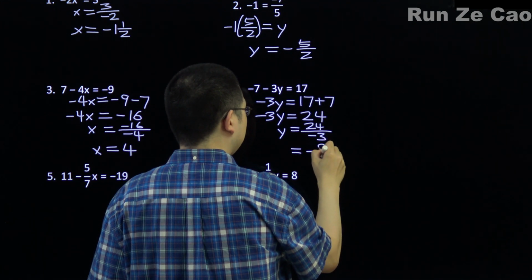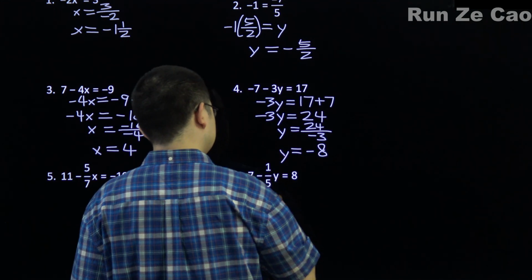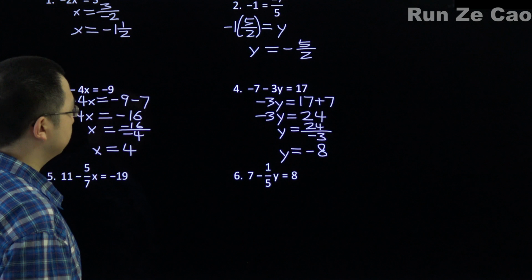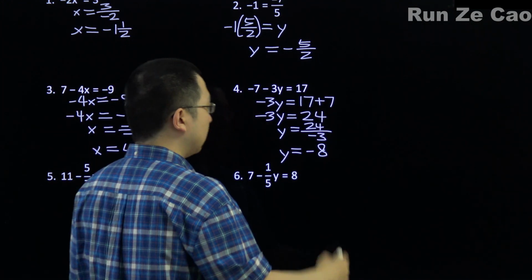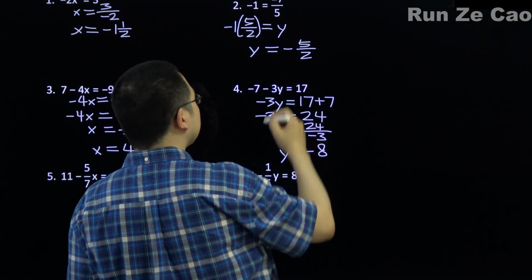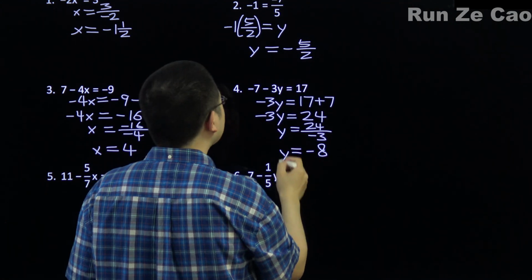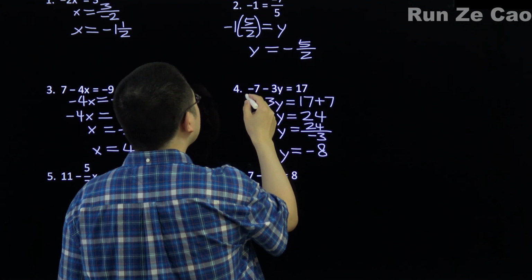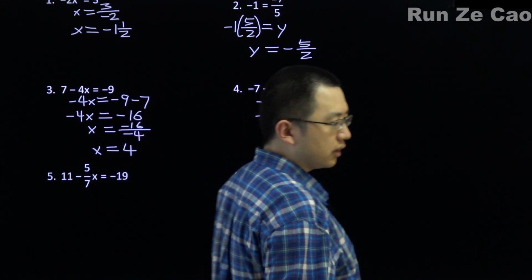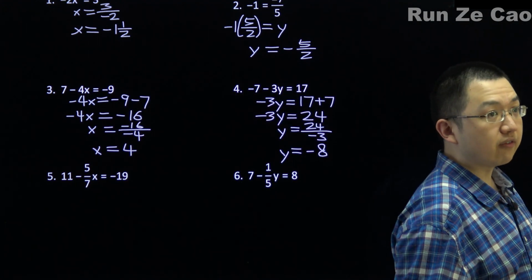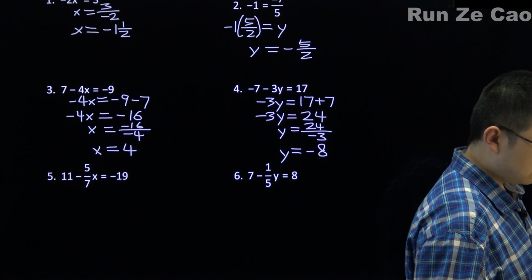So that's negative 8. And if we're going to check this, we would substitute back in: negative 3 times negative 8 is plus 24. Negative 7 plus 24 is equal to, 24 minus 7 is 17. Okay, great.